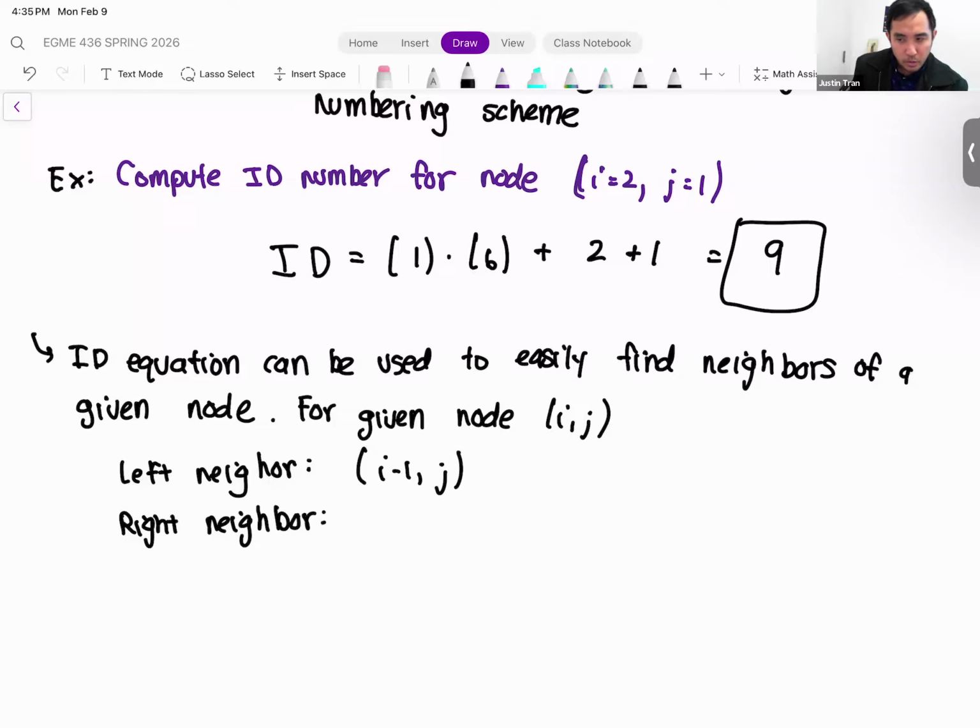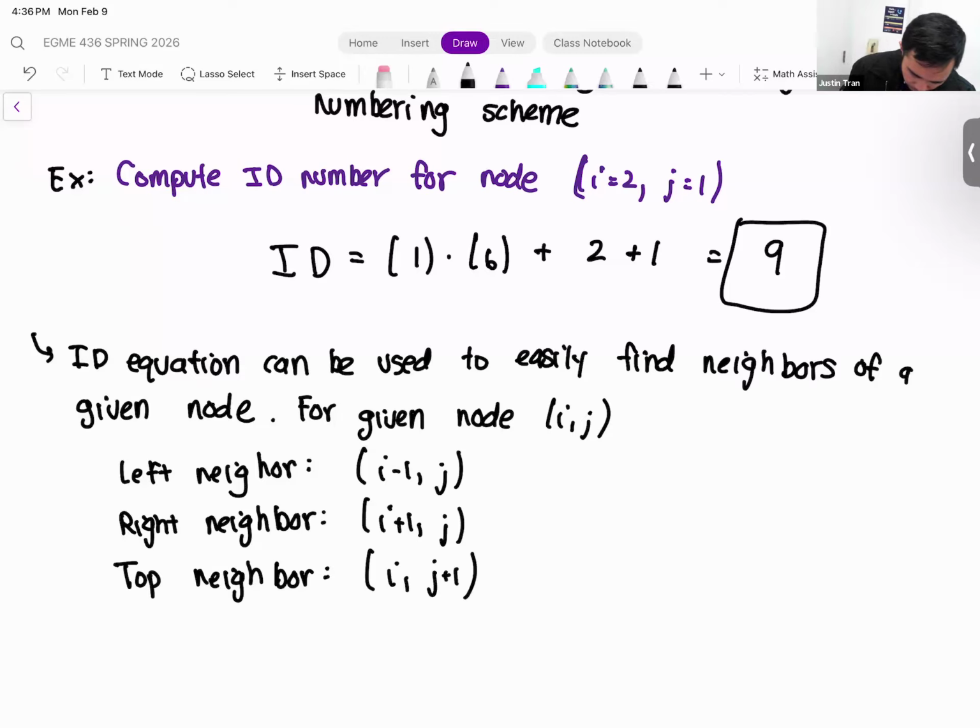The right neighbor is going to be 1 to the right, so that's I plus 1, comma j. Top neighbor is going to be I, comma j plus 1, because you're going up in the y direction. And then bottom neighbor is going to be I, comma j minus 1, because you're going down.